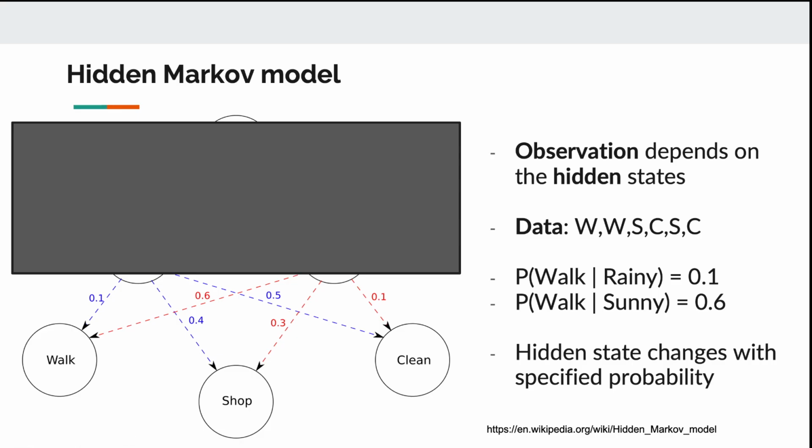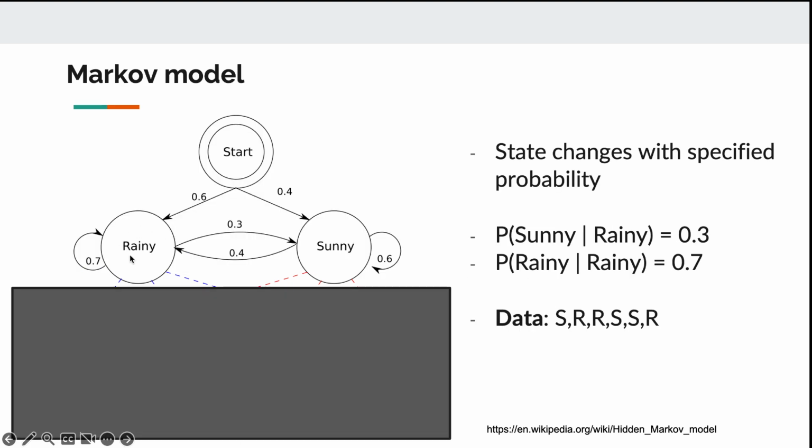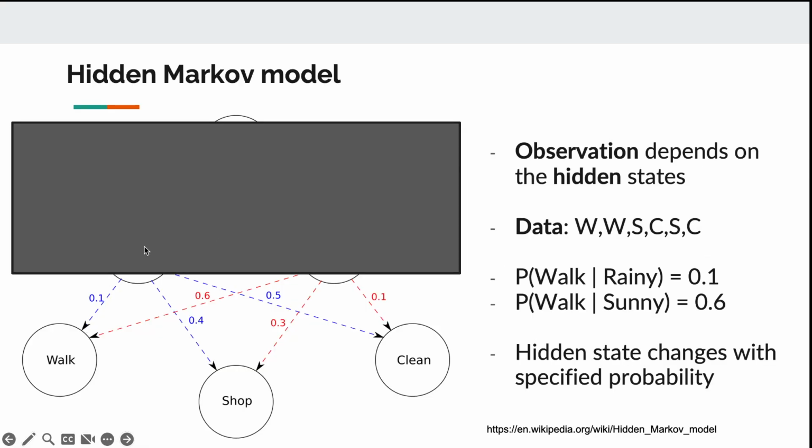But from past knowledge about the weather in South Korea or the activity of people in Korea, you might be able to estimate that, if the state on the left is rainy and the state on the right is sunny, if it's rainy, then there's only a 10% chance that people will walk, because who wants to walk in the rain.